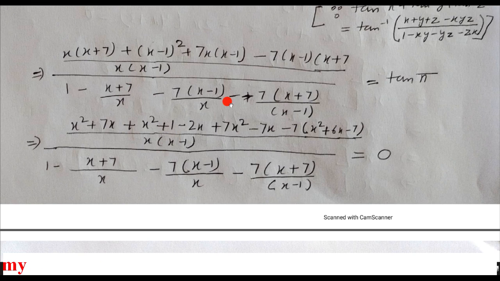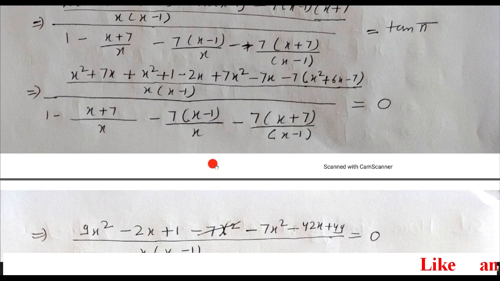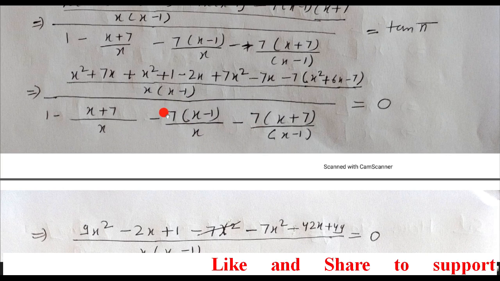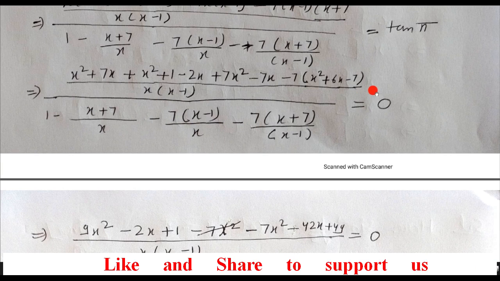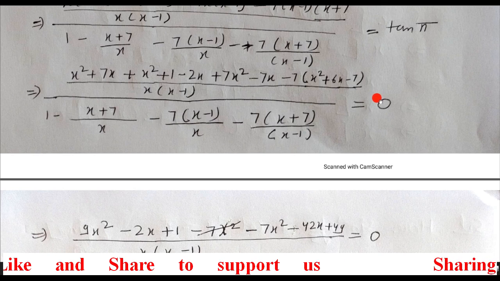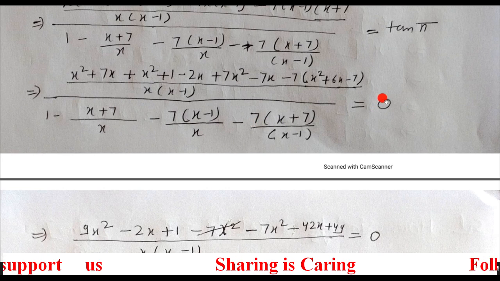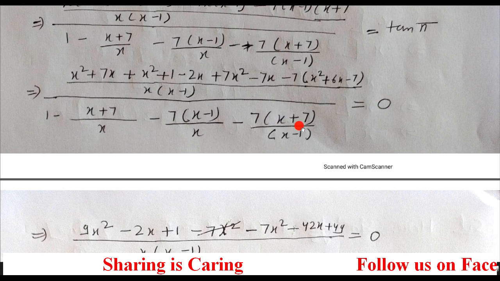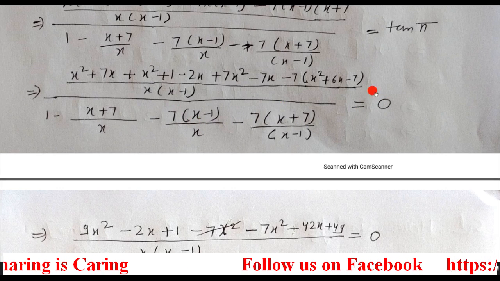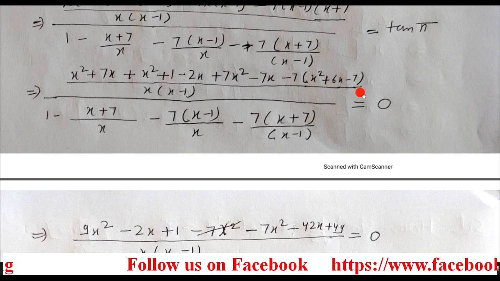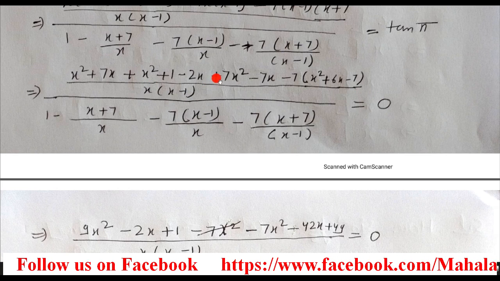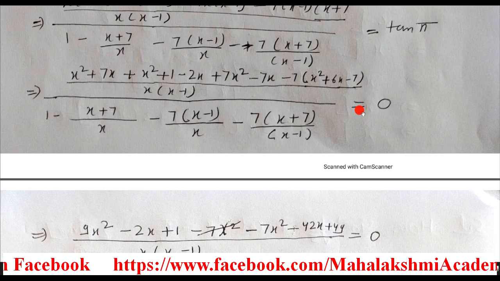The denominator I wrote as it is. Now in the further step, this denominator is in division, so when it goes to the other side, it multiplies by the 0 and the whole becomes 0. So I simply thought that it went here, multiplied by 0 and got cancelled. So we are left with only this fraction, and this fraction is equal to 0.